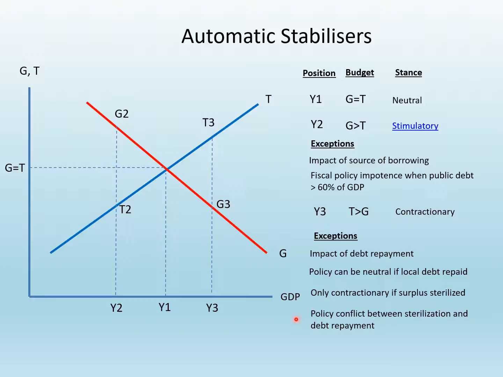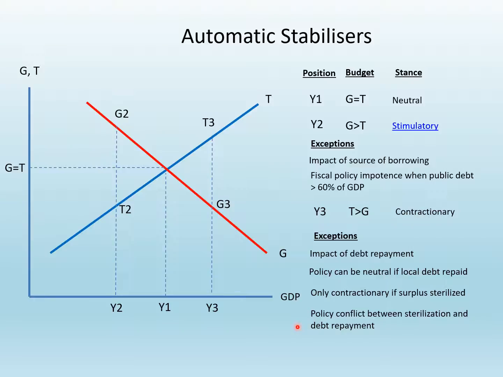If one takes the situation that we have in Europe as we speak, Europe is awash with government debt. And what governments really want to do is pay off the debt. But should we ever get to a situation where European governments begin to run a budget surplus, and there are some countries where we're seeing budget surpluses coming through, then clearly what the governments want to do is pay off their debt.